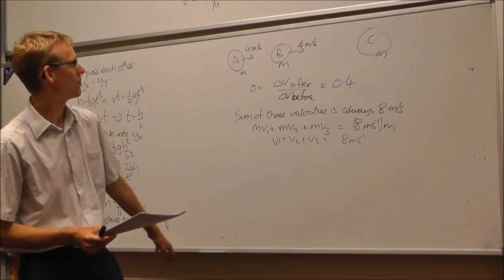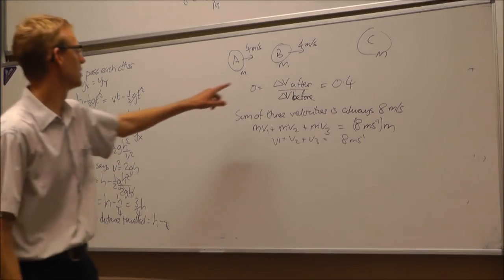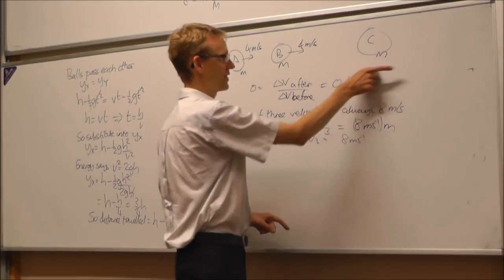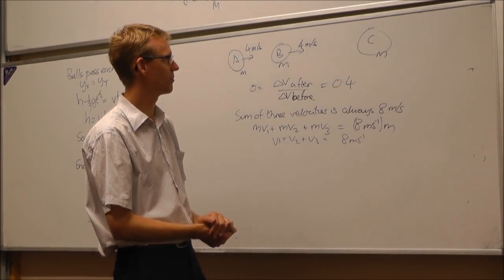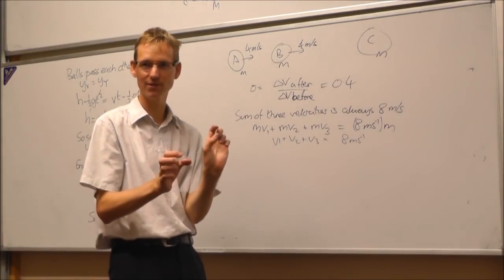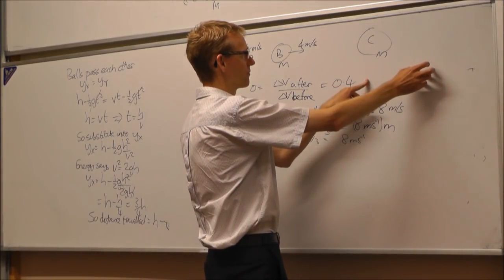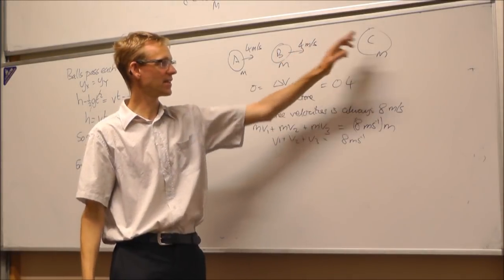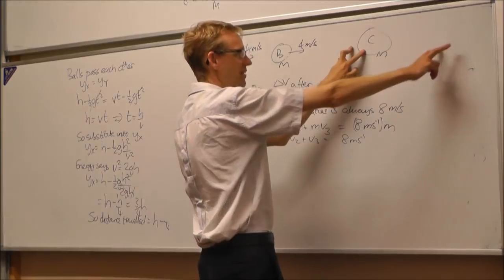Now, 3 collisions between the balls. I guess what will happen is this one's going to hit that one. C is going to go that way. B is probably going to rebound a bit. It might not, it might continue on at a small velocity. No, I think it will continue at small velocity because these are the same mass. If this were an elastic collision, B would be stationary and C would carry on.